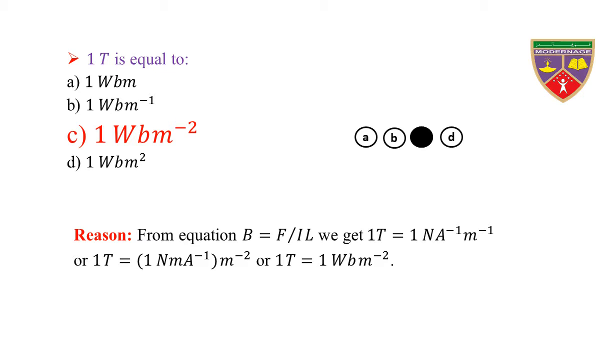Now multiplying the right hand side of this equation by m squared and also dividing it by m squared, we get 1 Tesla is equal to 1 Newton meter per ampere into per meter squared, or 1 Tesla is equal to 1 Weber per square meter. Hence, 1 Tesla is equal to 1 Weber per square meter.